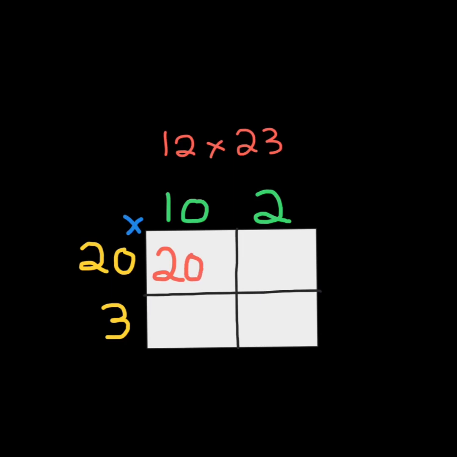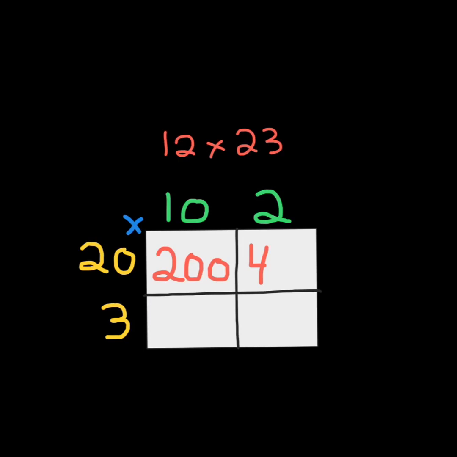So 20 times 10 is 200. Next I move on to this square right here. So I multiply the digits that are not zeros. So I have 2 times 2, which is 4.